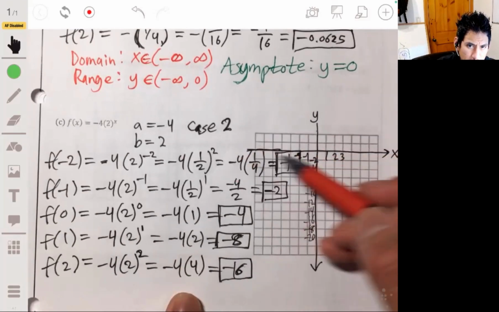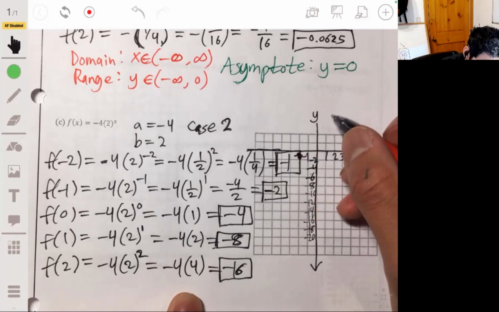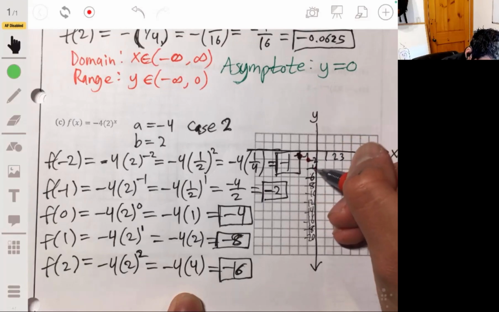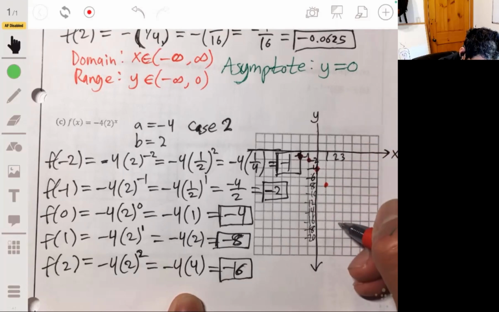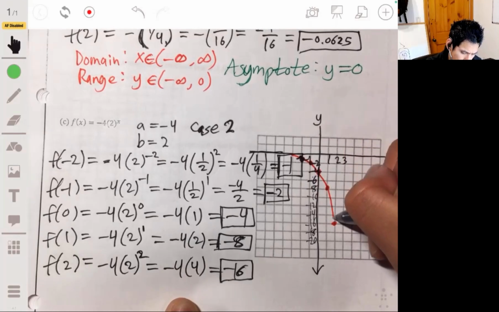Graph the points. -2, -1. Over here. -1, -2. Here. 0, -4. 1, -8. And 2, -16. And we got this guy. All right.